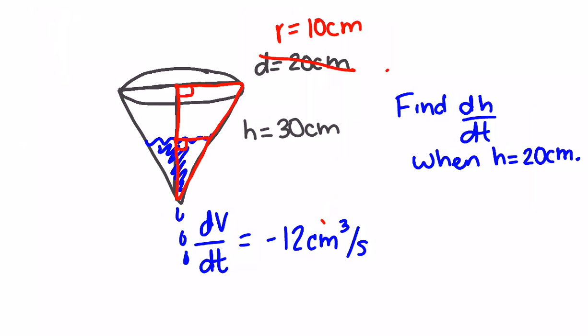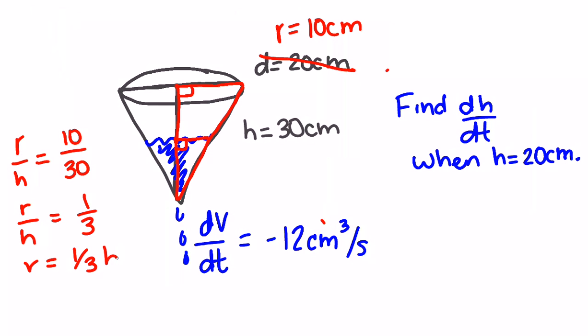That multiplicity will hold through the entire funnel. So I'm going to make a proportion just like we did on the last one. R over H equals the radius, 10, over the height of 30. If we reduce that, R over H equals 1 over 3. So that means that R equals 1/3 times H, or H equals 3R.